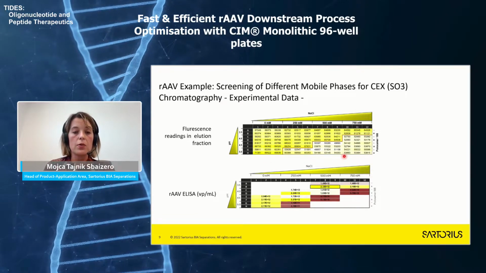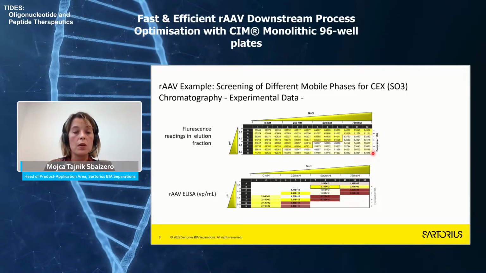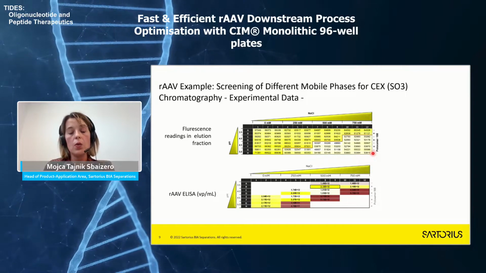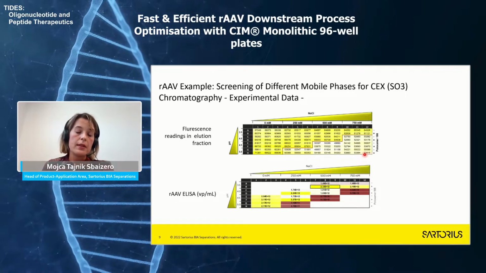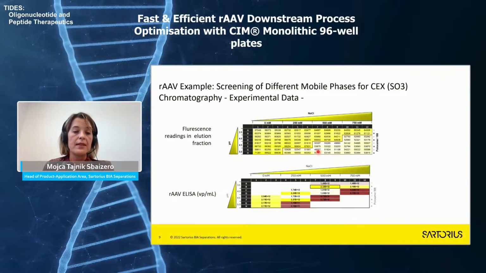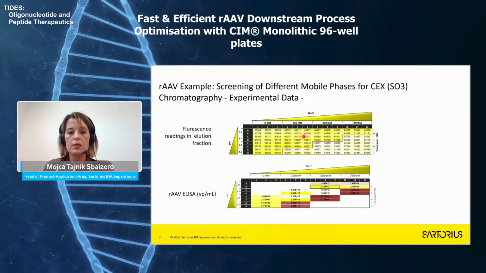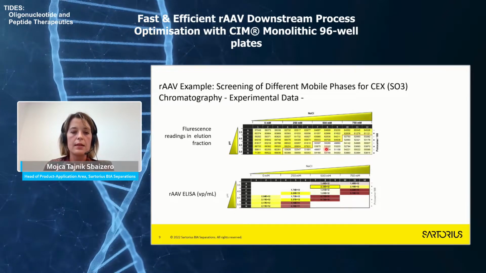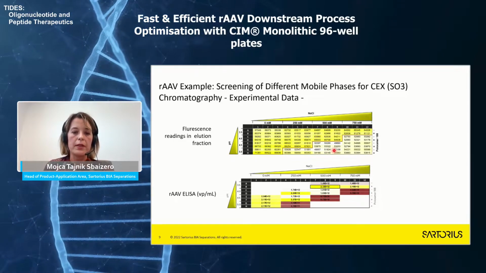And then we also have a population with lower fluorescence values, more in the lower right bottom. This indicated that a higher fluorescence value means that AAV is bound to the monolith, and at a lower fluorescence value, AAV was not bound in this condition.